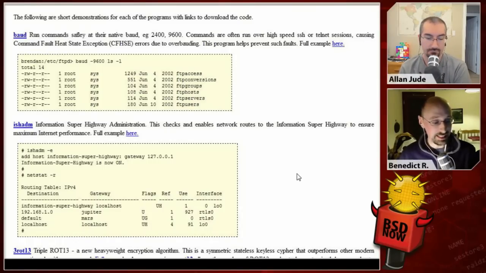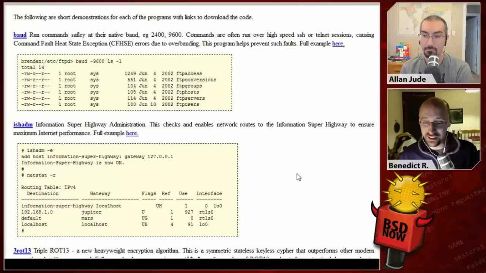And he has a nice special section there talking about some of the system administration utilities he's written in Perl. The whole page is a nice collection of interesting software that he has written, I think, with a little bit of a smiley face attached. Yes, tongue in cheek for sure.